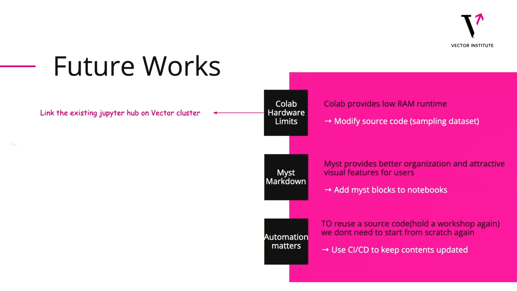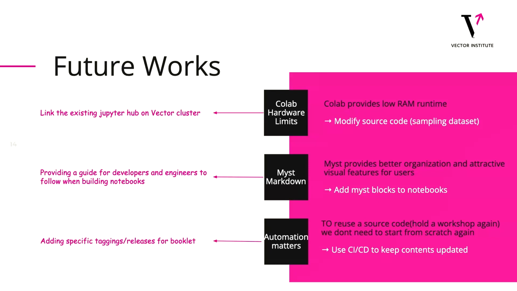And for future work, we know that for the Vector clusters, we have a JupyterHub setup. So we're interested to link the website to the cluster as well to use the resources that we have. We are interested to make clear guidelines on how to use MyST so that our notebooks can be used not only as code that people run, but also as a component that you can launch and use as a setup.